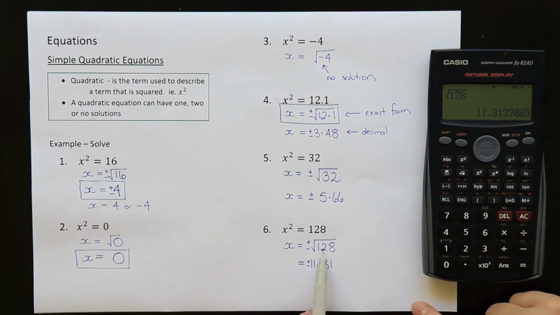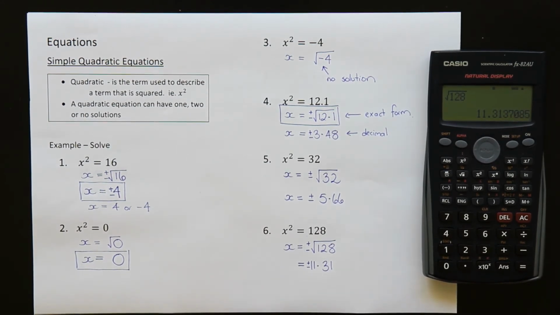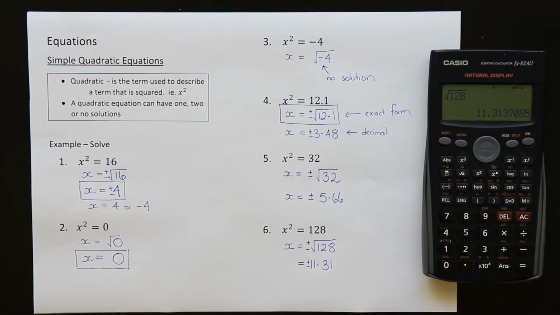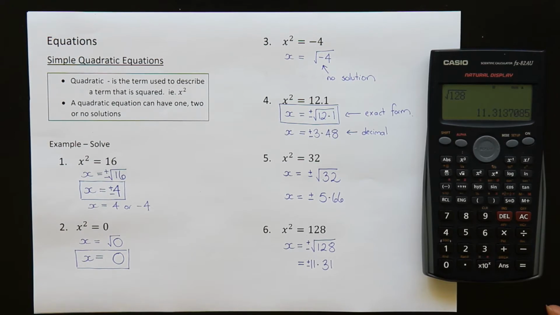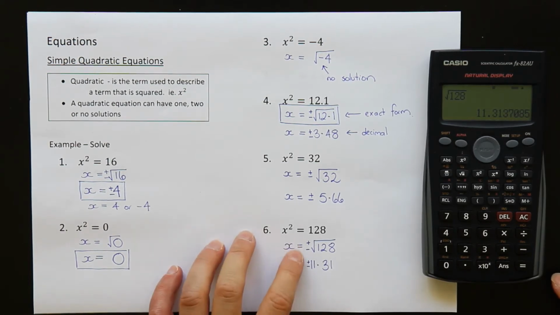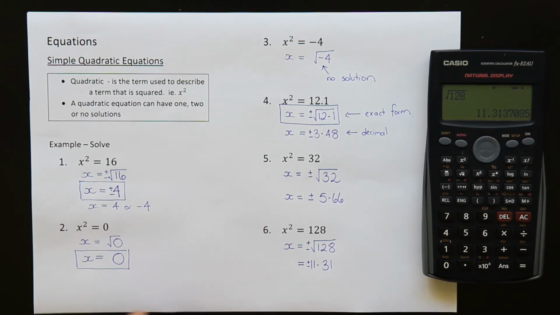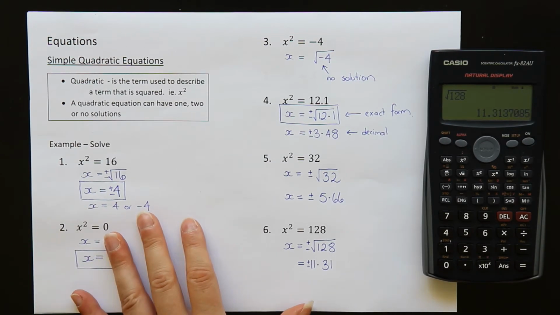Okay, exact form, decimal form. Okay, so they're not too tricky, but you just need to always remember the positive and negative sign. It's very easy to lose marks in tests for getting a minus sign somewhere.